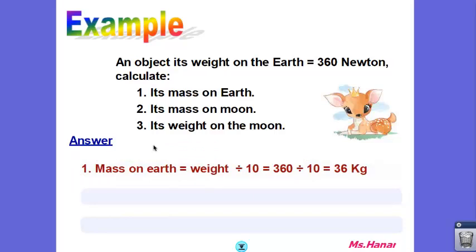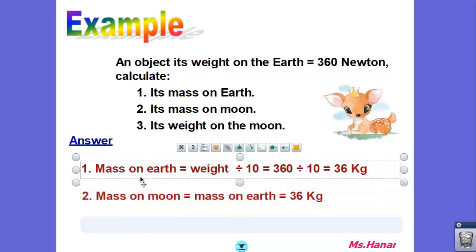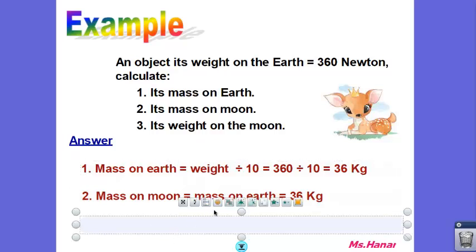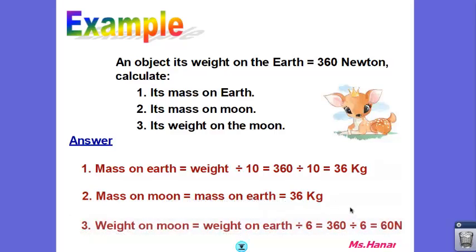Number 2, mass on moon equals mass on Earth equals 36 kilograms. Number 3, weight on moon equals weight on Earth divided by 6 equals 360 divided by 6 equals 60 Newton.